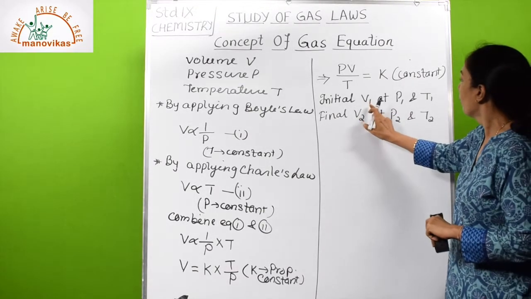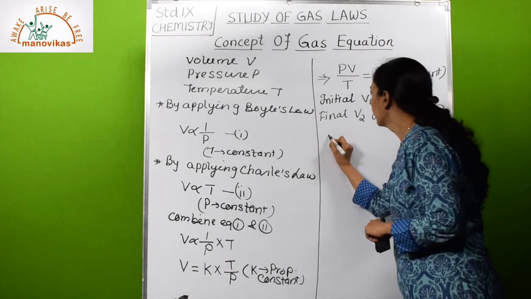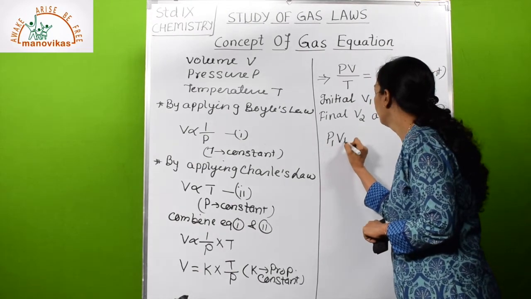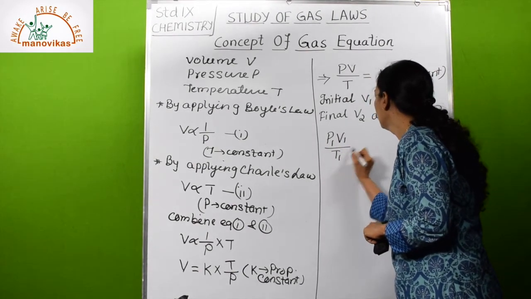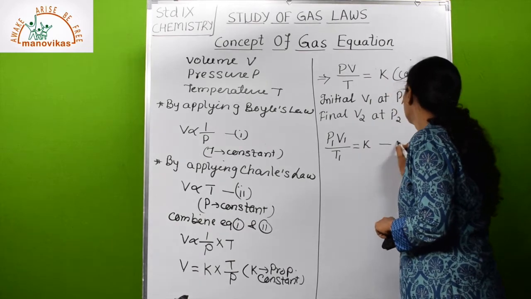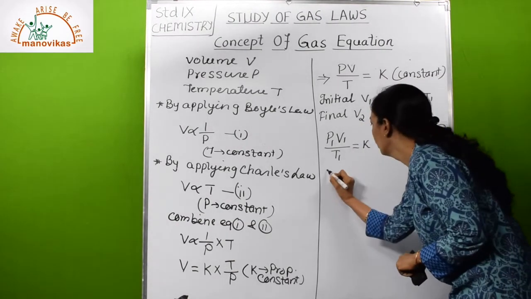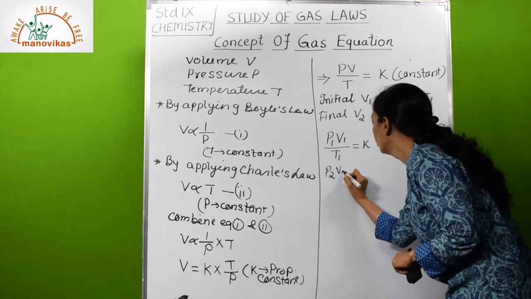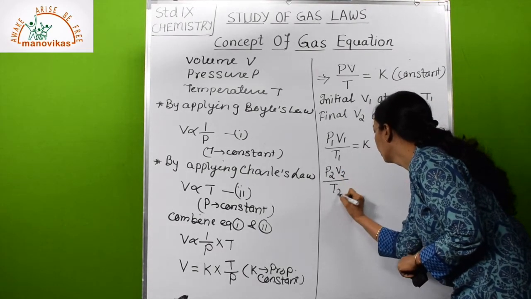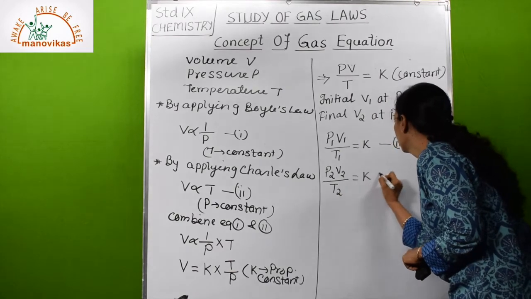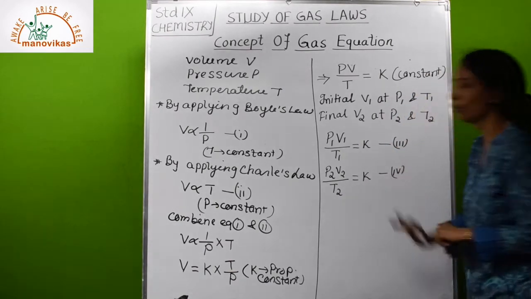So for initial, we can write P1 V1 upon T1 is equal to K, equation 3, and for the final one, P2 V2 upon T2 is equal to K, equation 4.